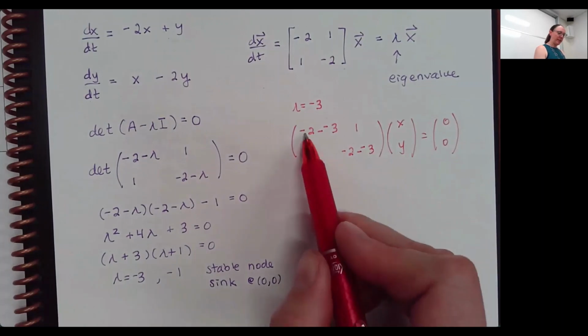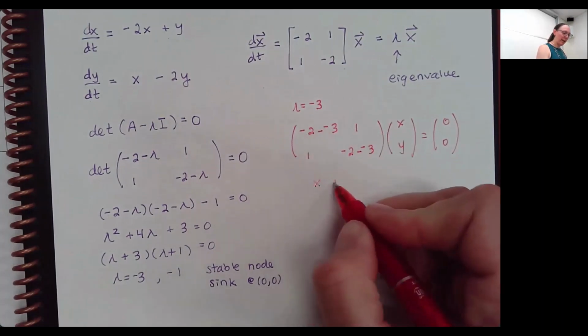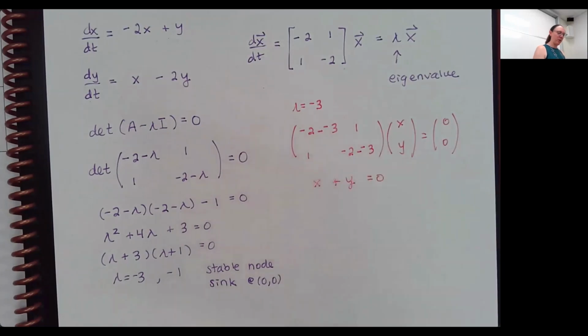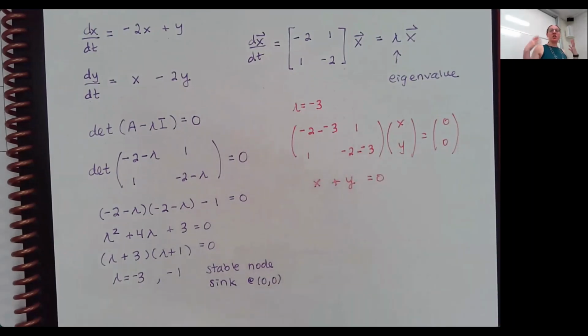So -2 minus -3 would be a +1. So I've got x plus y equals 0 for the top row. And the bottom row says exactly the same thing. x plus y is equal to 0. They should not have conflicting information in the top and the bottom row.